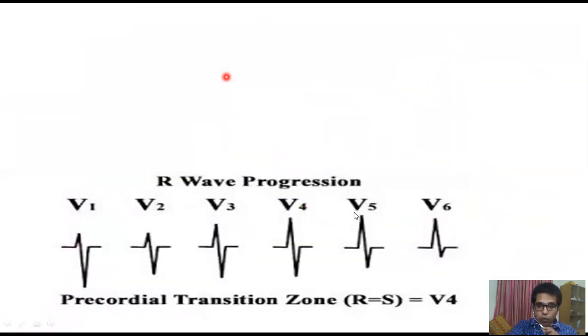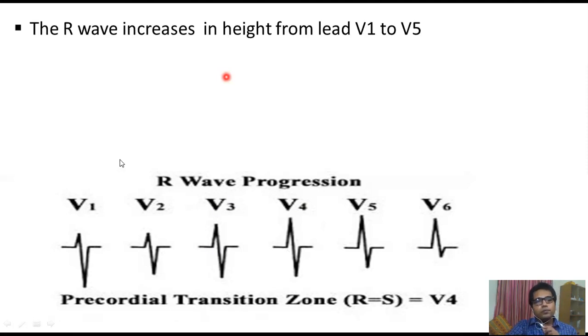You can see more clearly here that gradually the height of the R wave increases, but the depth of the S wave decreases. And in V3 and V4, there is almost equal size of the R wave and S wave. That is why this is the transitional zone. Okay, so I have already explained it.